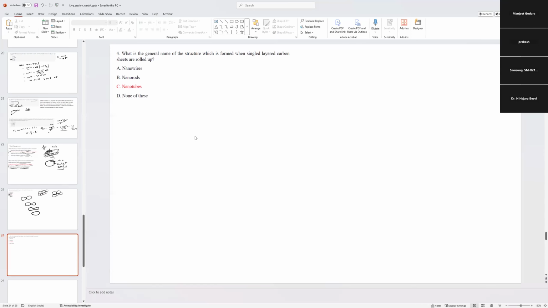What is the general name of the structure which is formed when a single layer of carbon sheet is rolled up? So, a carbon sheet, there's just carbons in a hexagonal pattern.